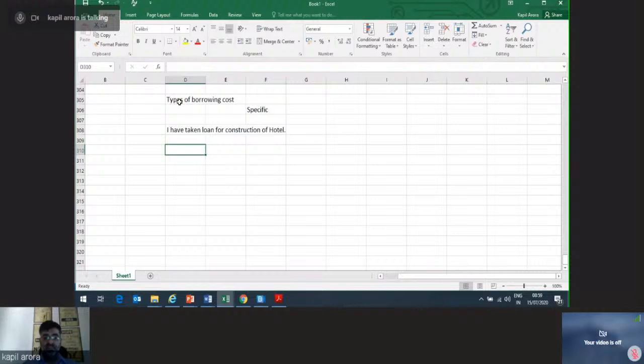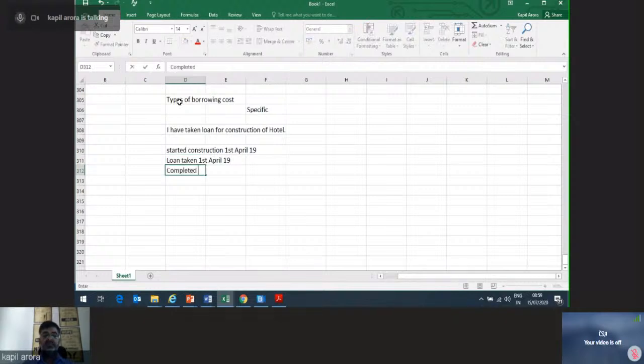Let's assume I started construction of the hotel on 1st April 19. Loan taken 1st April 19.